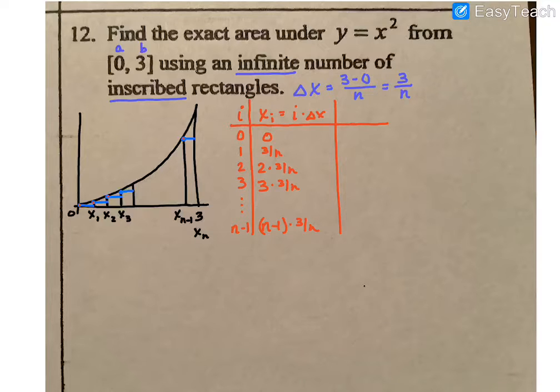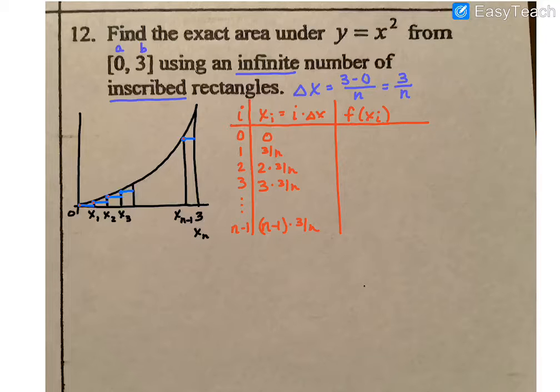My third and final column here is f of x sub i. And that is where you take the values we just found in the middle column and plug them into our function. Our function, again, is x squared. So we're taking each of these values in the middle column and squaring them.